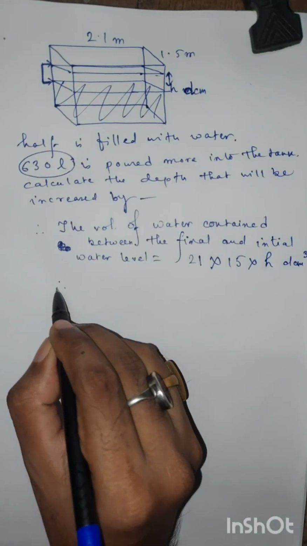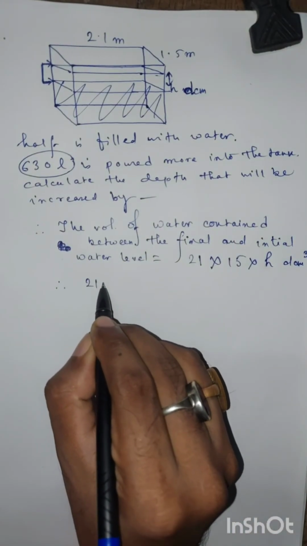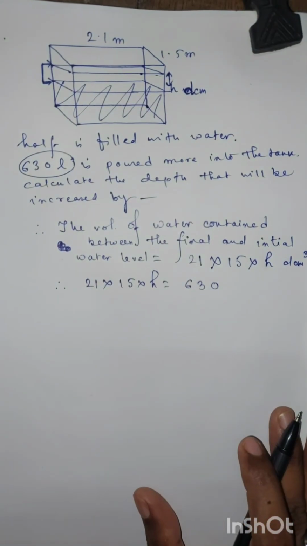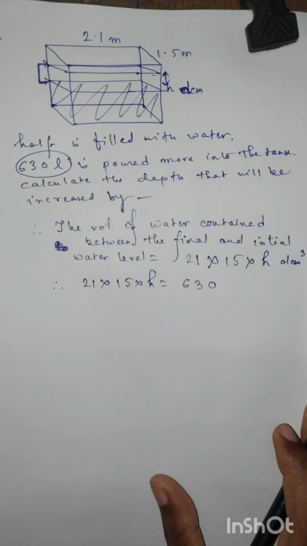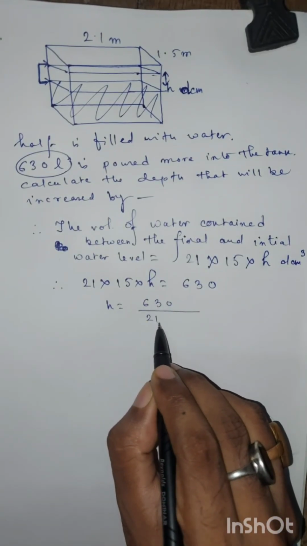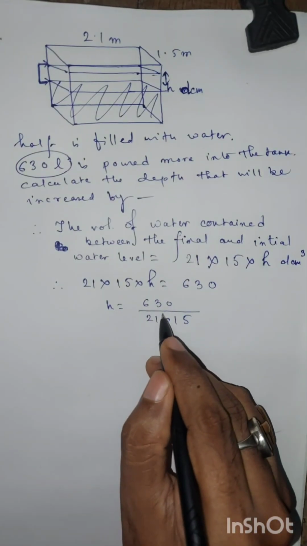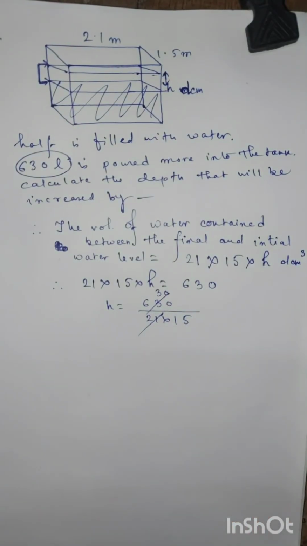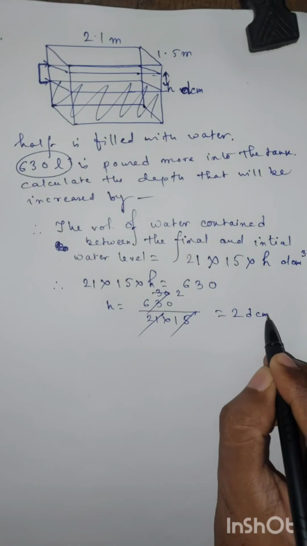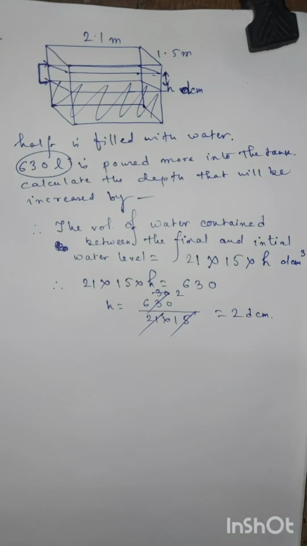Therefore, h is two decimeter. Therefore, the depth that will be increased is 2 decimeter.